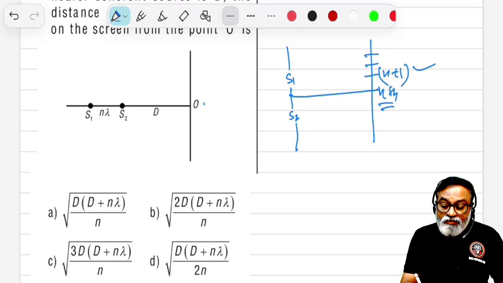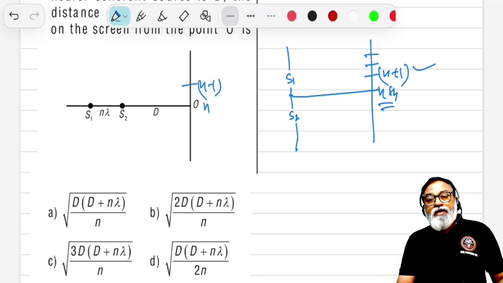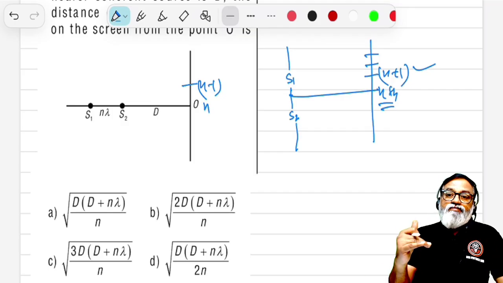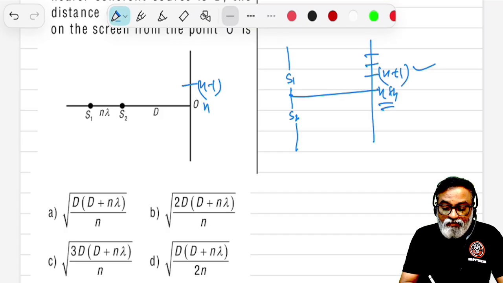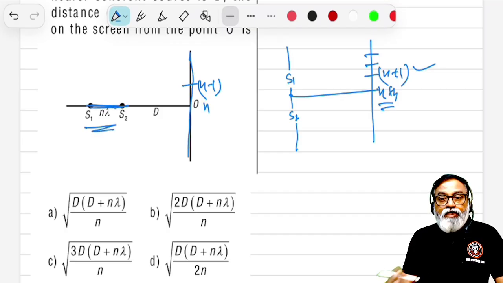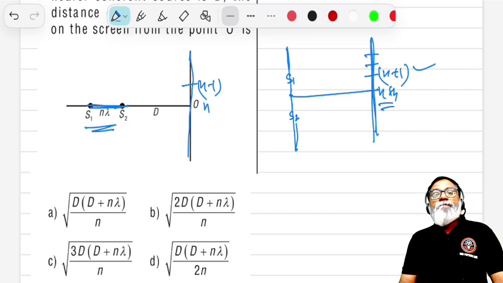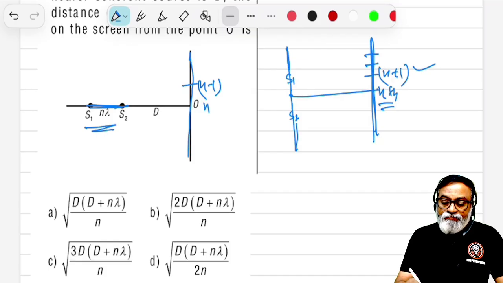But here this is n, here is n minus 1. The next bright fringe is n minus 1. Therefore, order of the fringes decreases when the line joining the sources is perpendicular to the screen. When line joining the slits S1, S2 is parallel to the screen, in that case, order of the fringes increases.